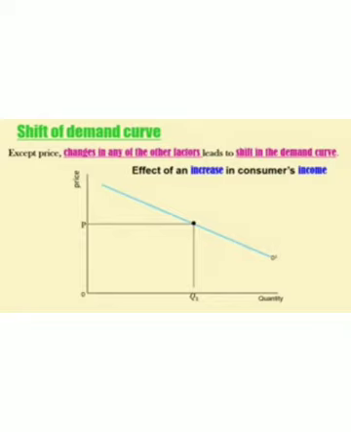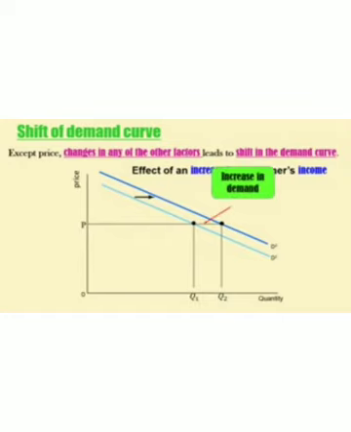The consumer is buying Q1 quantity of goods at this price P. Keeping the price constant, an increase in consumers' income will lead to a rightward shift of the demand curve from D1 to D2. Now the consumer can buy Q2 quantity of goods at the same price P. This indicates an increase in demand.